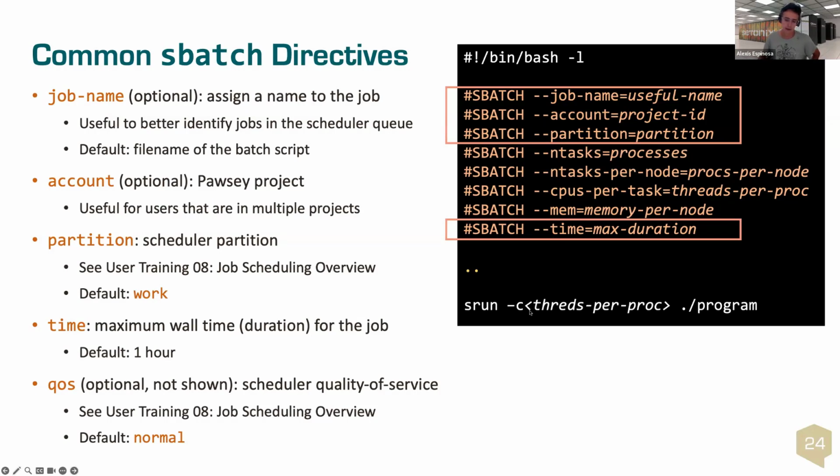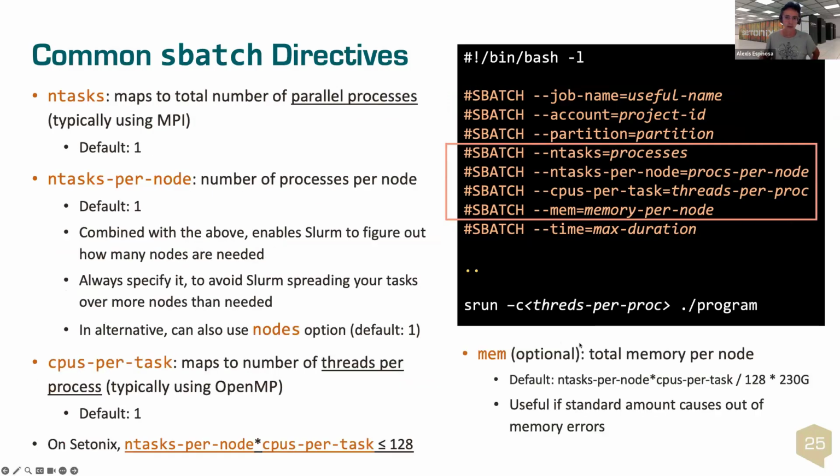This one is already not being inherited, so today we are forced to put it explicitly. So I'm repeating whatever I want for the number of CPUs per task in the srun. Now these are the more important ones, because with this, Slurm basically will calculate the resources.